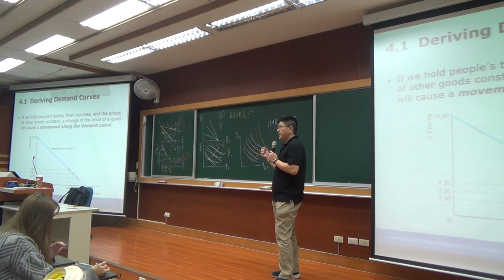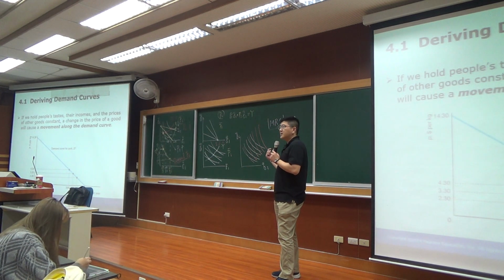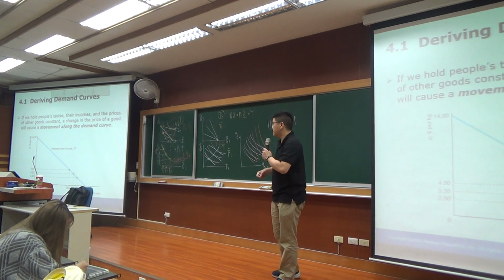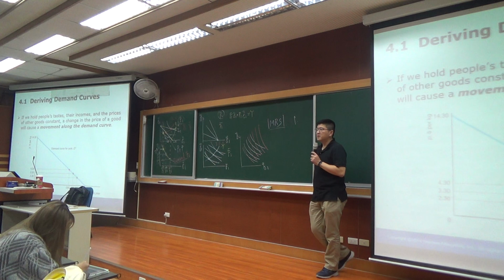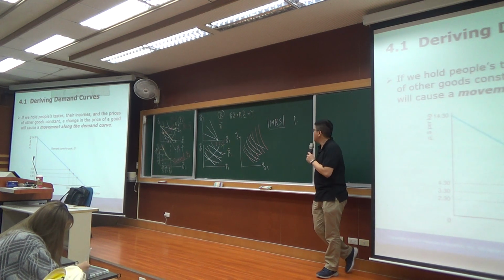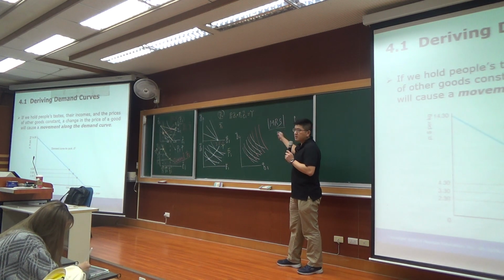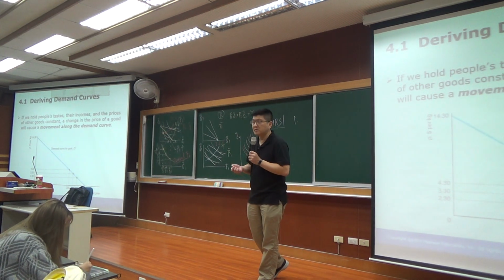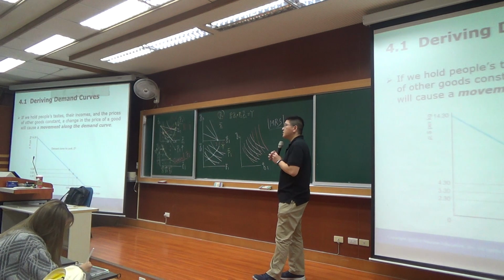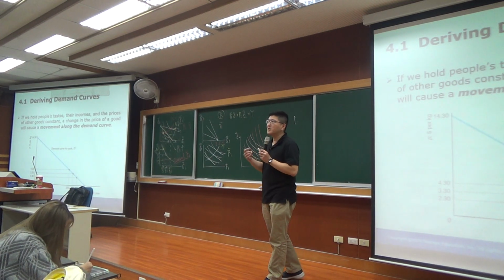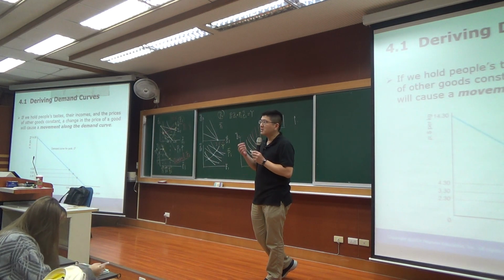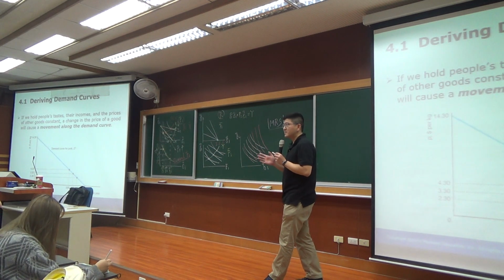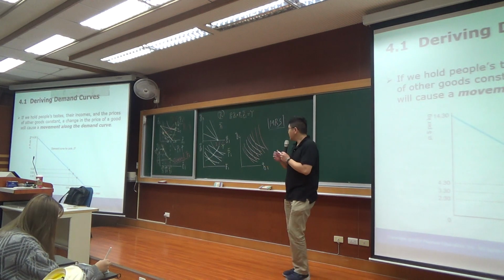To get an extra unit of Q1, how much is the maximum amount we like to sacrifice? So if MRS goes up, we are willing to sacrifice more. In other words, we love Q1 more, so that we are willing to sacrifice more Q2. Is that true? Does it make sense? Okay?